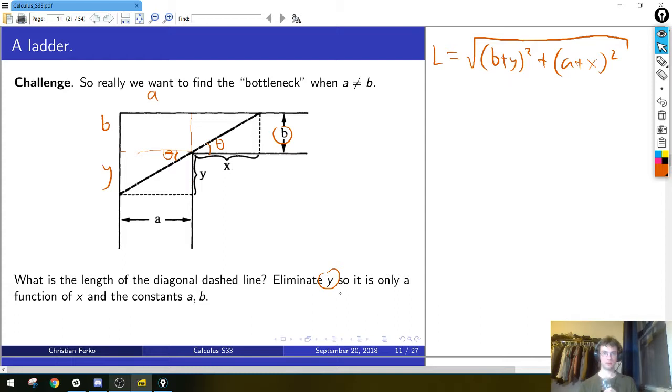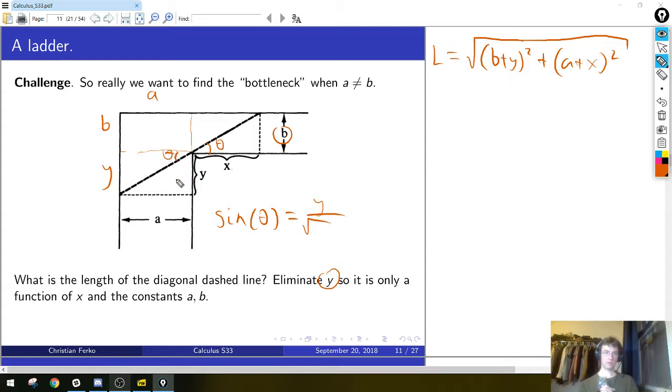Anyways, let's see. We see that our theta can be represented as, sine of theta equals opposite over hypotenuse, which is y over the square root of a squared plus y squared.